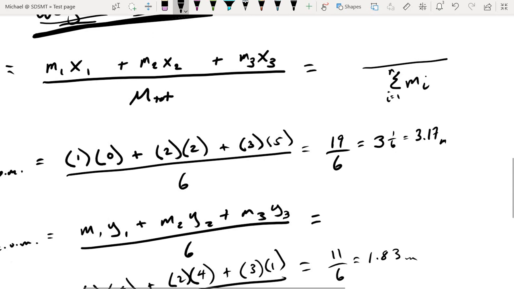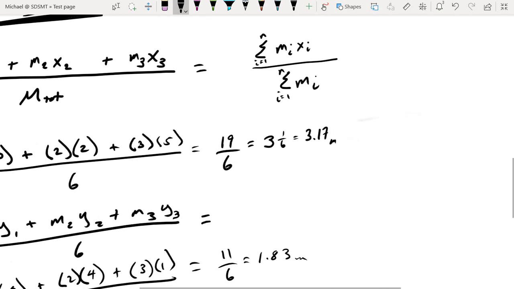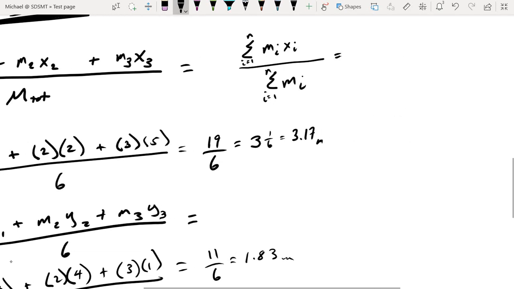In the numerator, we also have a summation, but it's the summation of the products of each individual mass times its individual location. And so this is going to be our equation for finding the center of mass X component.